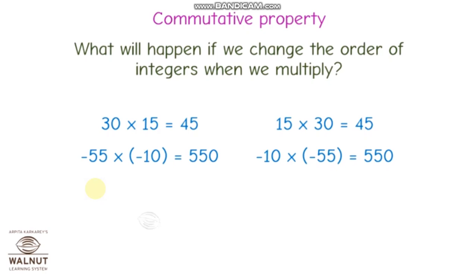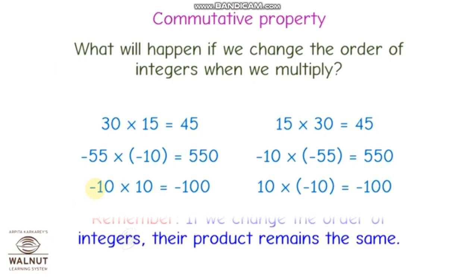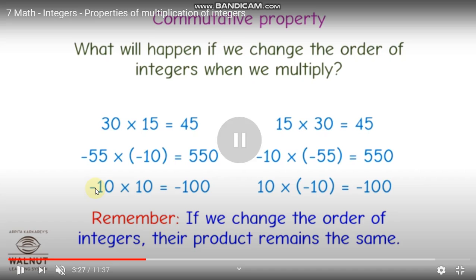Here order is not a problem in integers. Minus 10 into 10 is minus 100, same as 10 into minus 10, which is minus 100. So if we change the order of the integers, their product remains the same. That means the commutative property says a into b is equal to b into a. Integers satisfy the commutative property.